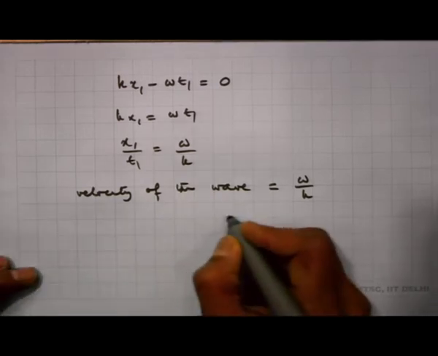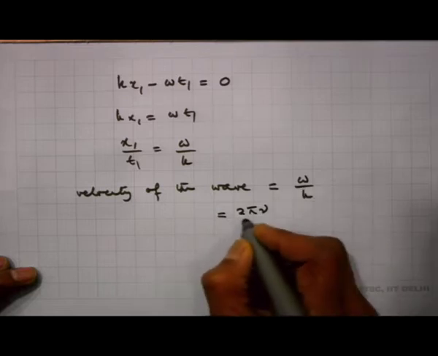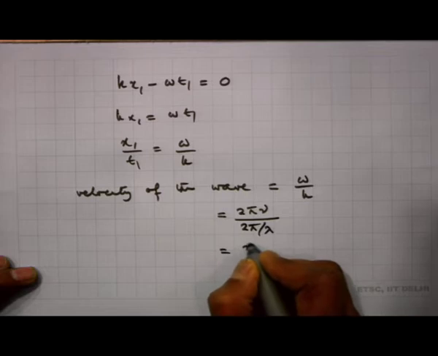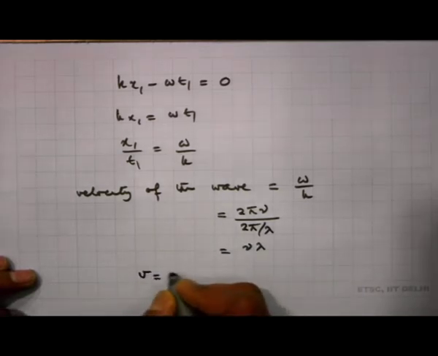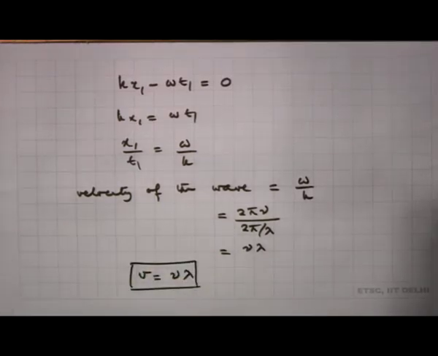I can represent this in terms of 2 pi nu: omega was 2 pi nu and k is 2 pi by lambda, so omega by k is equal to nu lambda. This is the equation you must have derived: velocity is equal to nu lambda. Velocity is related to the frequency and wavelength of the wave by v equal to nu lambda.